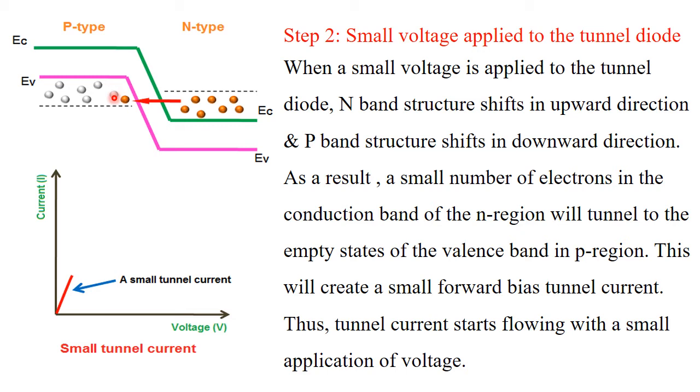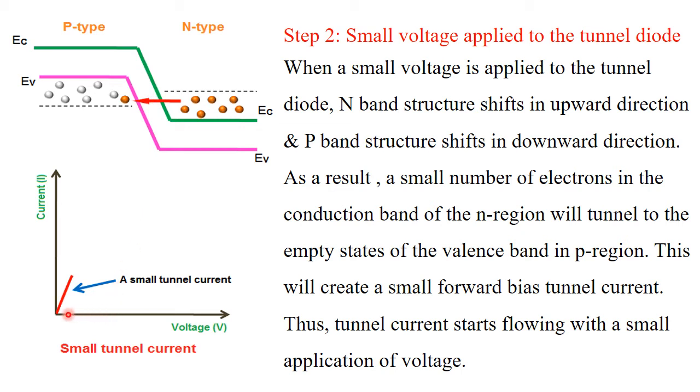Actually, in this working of a tunnel diode, these holes are treated as vacant states, and hence the electrons start tunneling from the conduction band of N-type to the valence band of P-type semiconductor and occupy these vacant states, and as a result the current through the junction starts increasing as we increase the voltage.